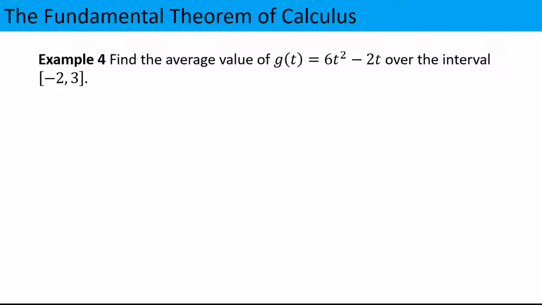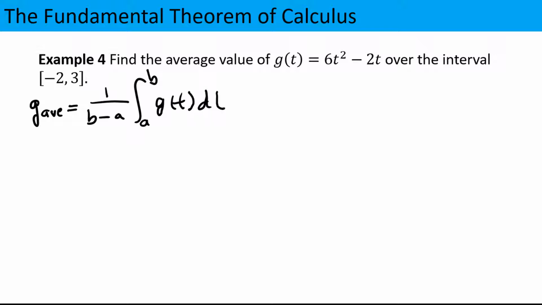Example, find the average value of g of t equals 6t squared minus 2t over the interval from -2 to 3. Let's go ahead and write the average value function theorem. So g ave is equal to 1 over b minus a times the integral from a to b of g of t dt.